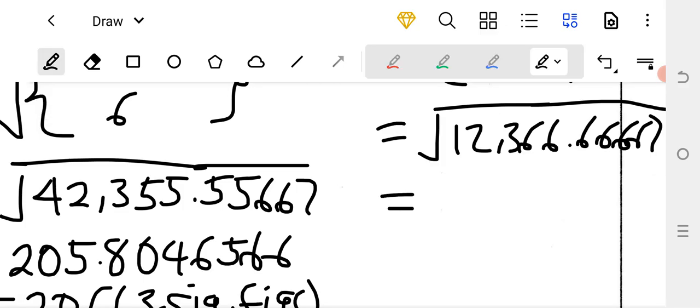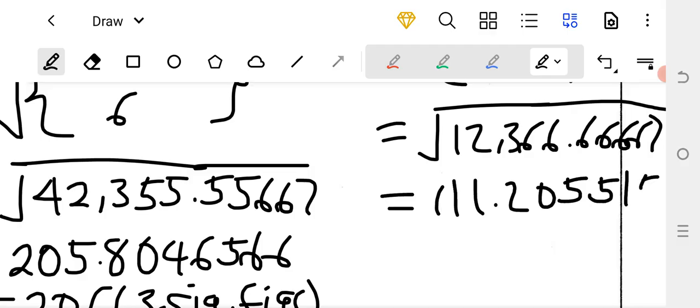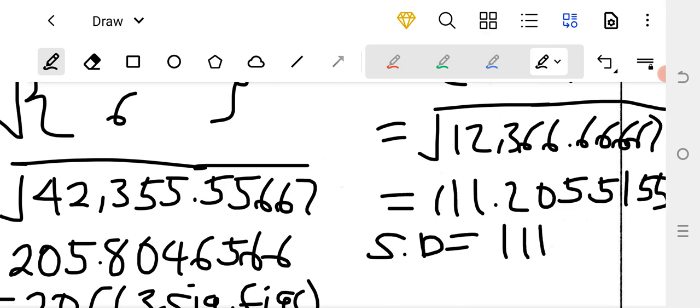The square root of that number is equal to 111.2055155. So the standard deviation is equal to 111, correct to 3 significant figures.